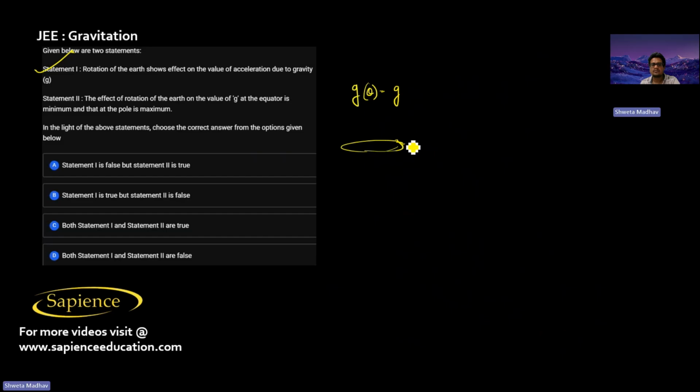Here we have latitude. If the latitude is theta, then this radius is r cos theta.